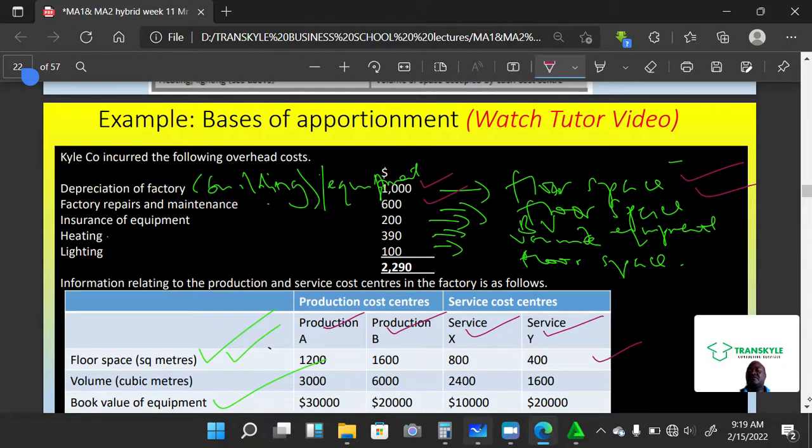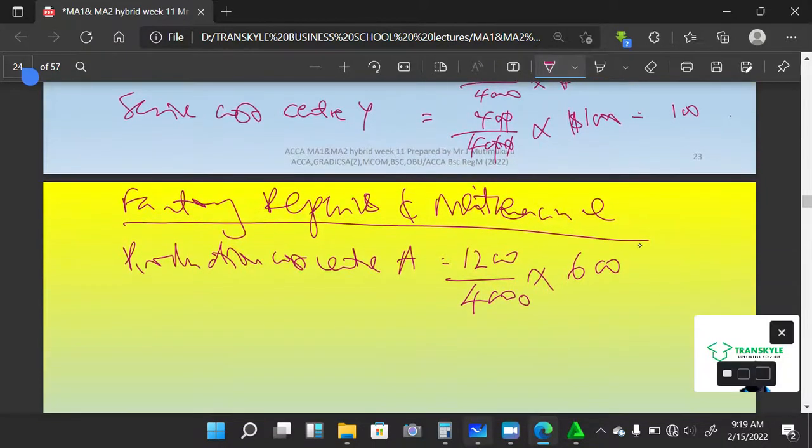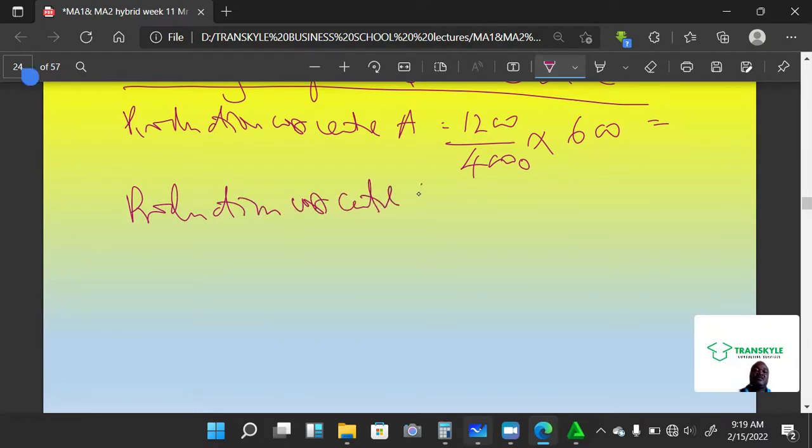Then you determine with your calculator the value there. You go to production cost center B, you get 1,600 over 4,000 multiplied by 600.